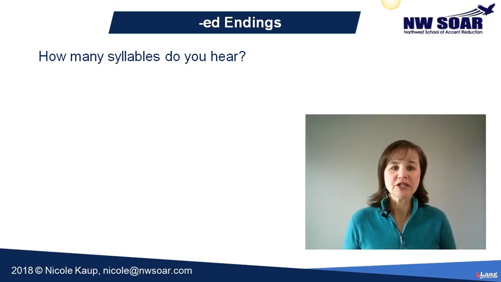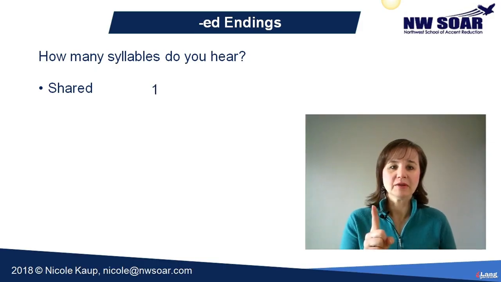Now the first ed ending word was shared. Shared. This one has one syllable. It may look like it should have two syllables, but in fact we only pronounce the one vowel sound, air. Shared. Smiled.